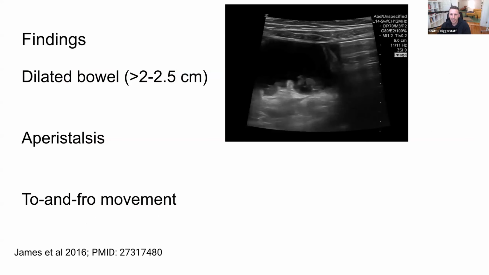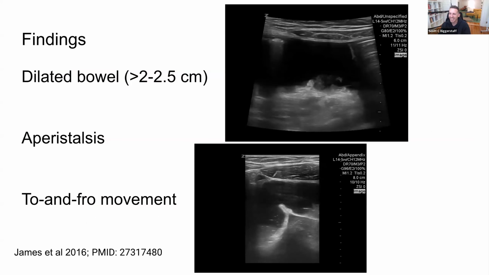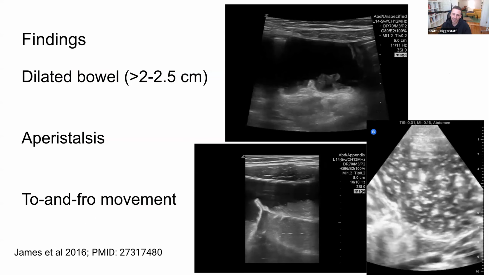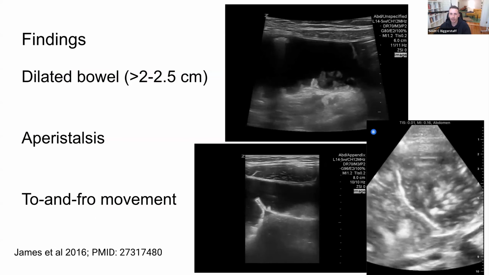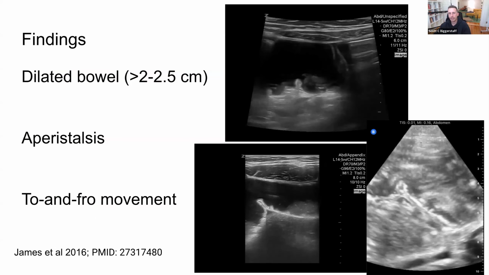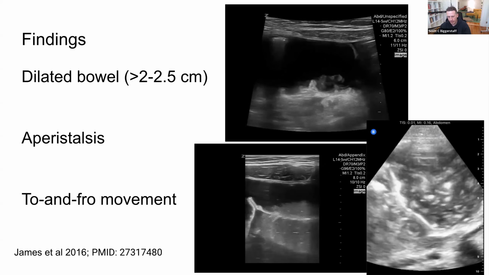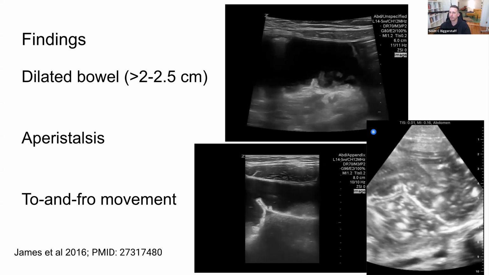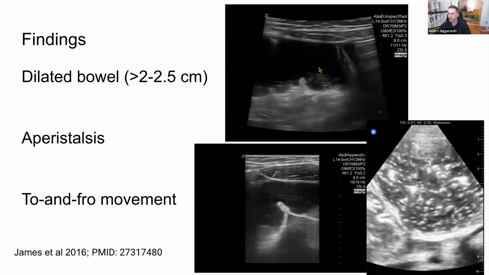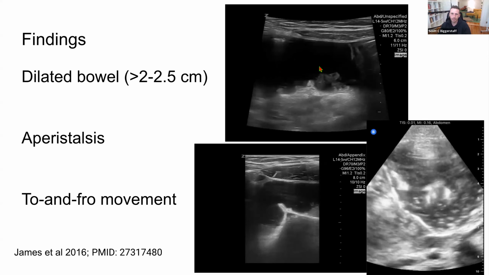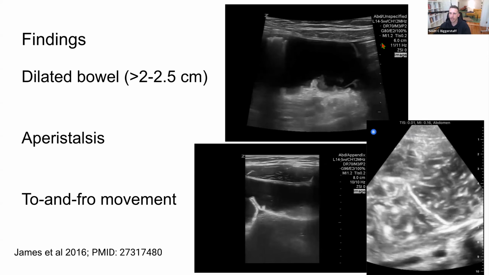And I kind of wish I had put these up front, but let's say that you see a few of these things. I think this one actually was from that case. So what we see is this dilated bowel, and it seems aperistaltic. So there's really not a lot of movement in here. What you see is a bowel that's more than 2 to 2.5 centimeters.